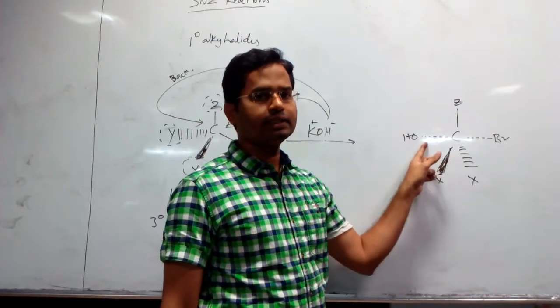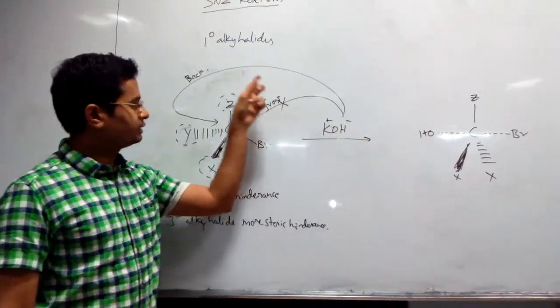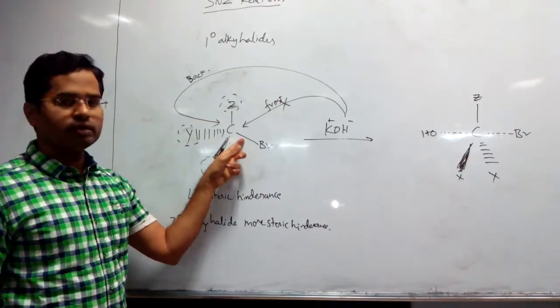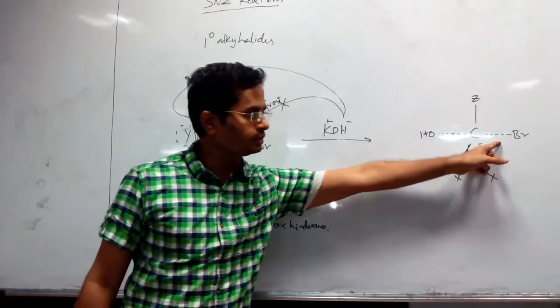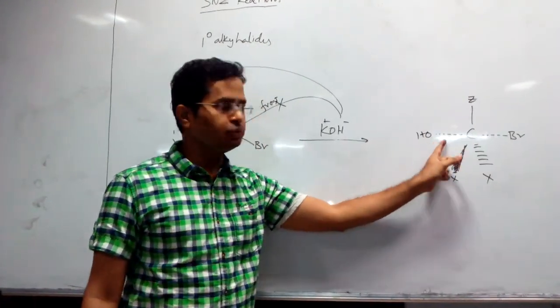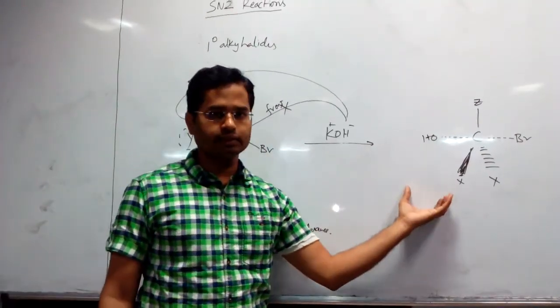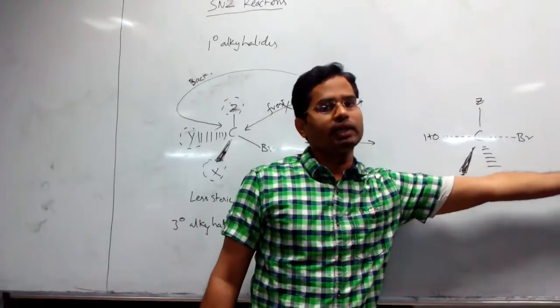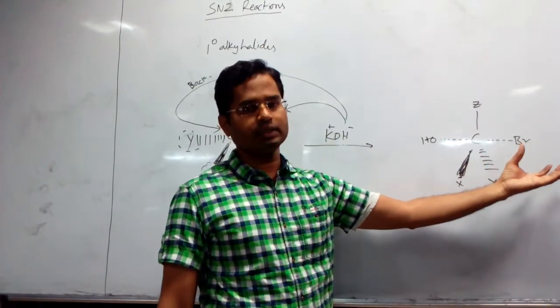Why? Because these are partial bonds, not complete bonds. As this OH minus attacks and forms a new bond, this bond gradually disappears. So this is a decomposing bond, and this is the newly forming bond. This state gradually changes to the transition state and continuously changes to the complete product, and the whole conversion takes place in a single step.